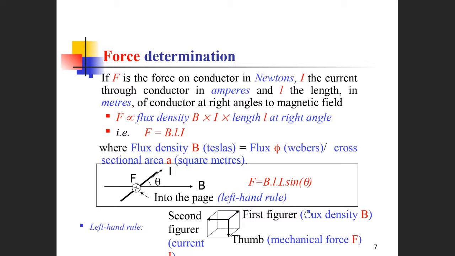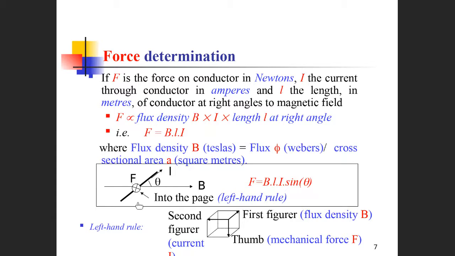The second concept we learned is about the magnetic force. Since the current can produce a magnetic field, we know that two magnetic fields interacting with charges produce a mechanical force between them.